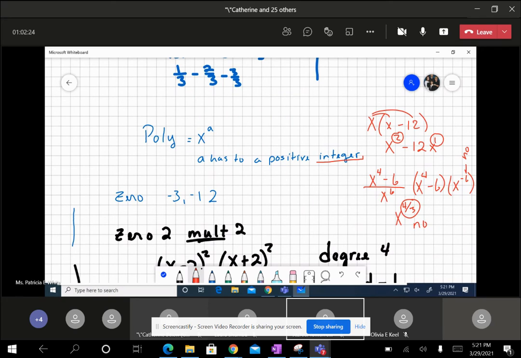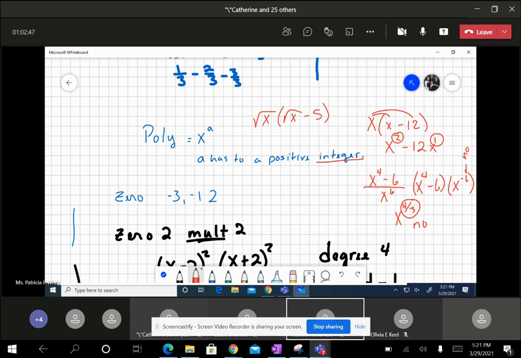Sometimes you're going to have to work them out a little bit to make sure. I think on your quiz, you had the square root of x times the square root of x minus 5. Was that on the quiz? Can't remember for sure.